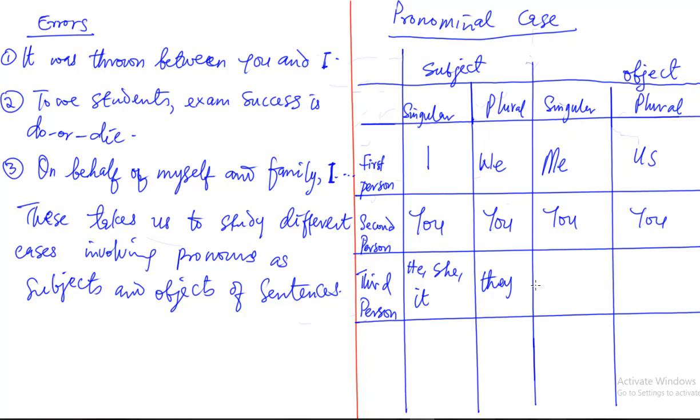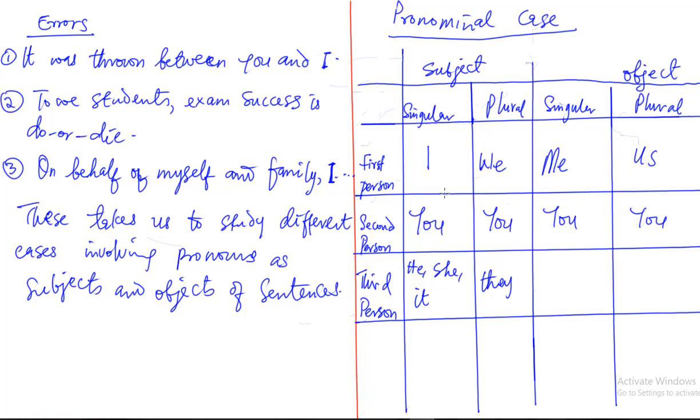We will expand this table to include reflexive and possessive pronouns, both in singular and plural forms. So after this I will still expand the table so that you will see its comprehensive form.